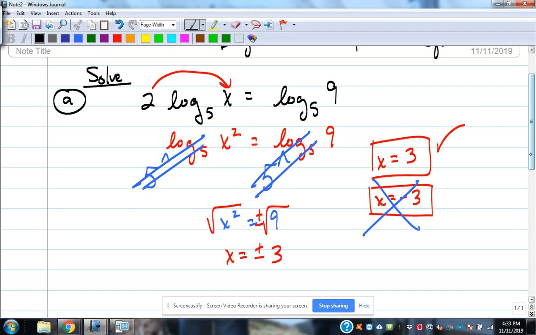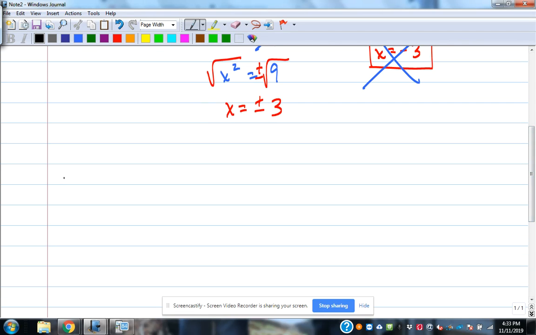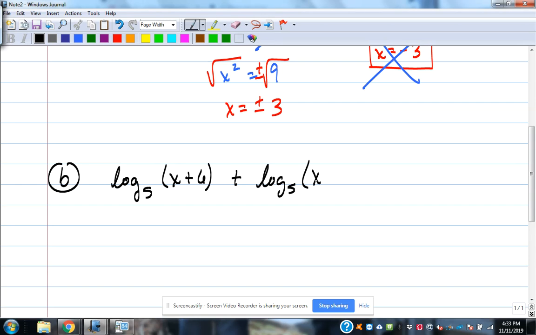Let's look at another logarithmic equation. Log base 5 of x plus 6 plus log base 5 of x plus 2 is equal to 1.